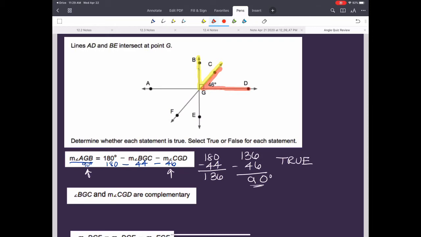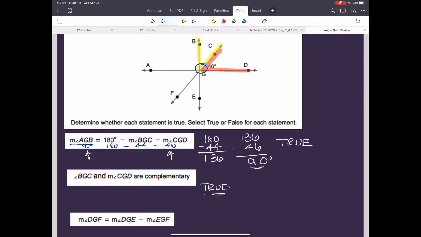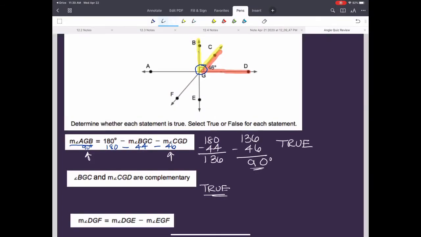And we know for a fact that it is complementary because there's this little square right there in the corner. Sometimes that's kind of important in geometry to not just look at something and go, oh, it looks like it's 90 degrees. You have to base it on the math and the numbers that are showing. And then right here it says the measure of DGF.